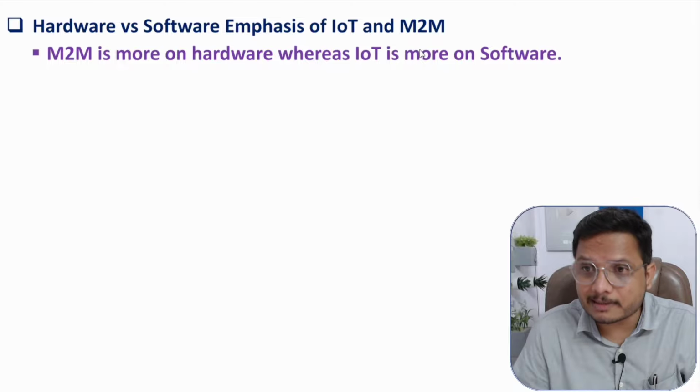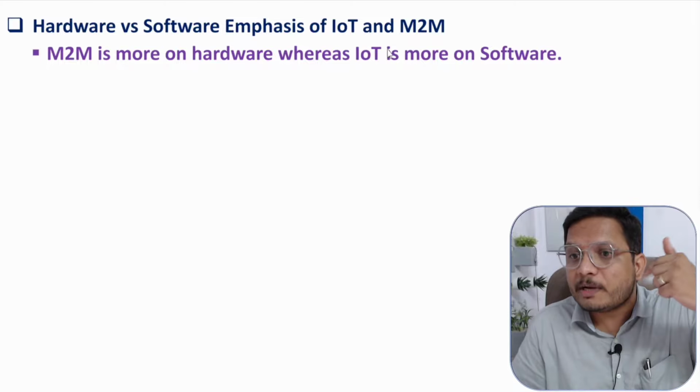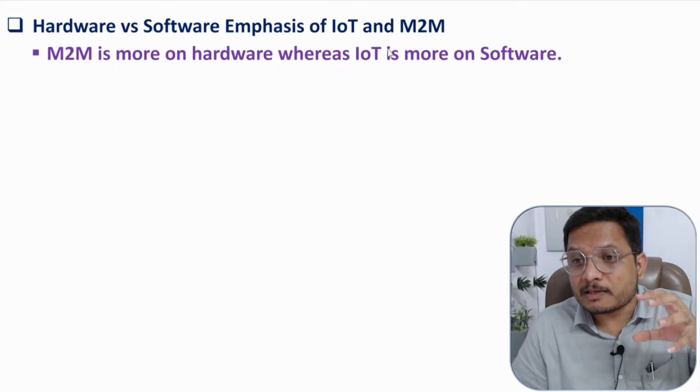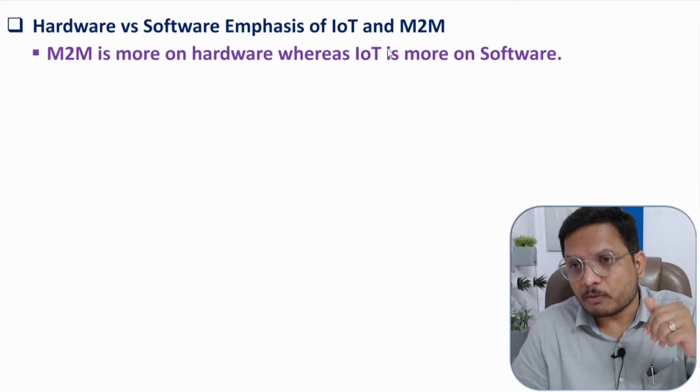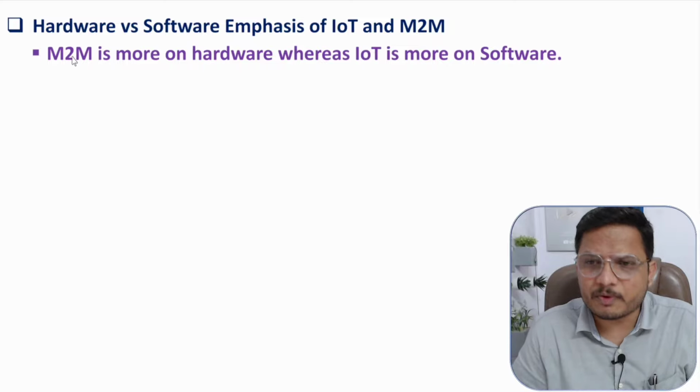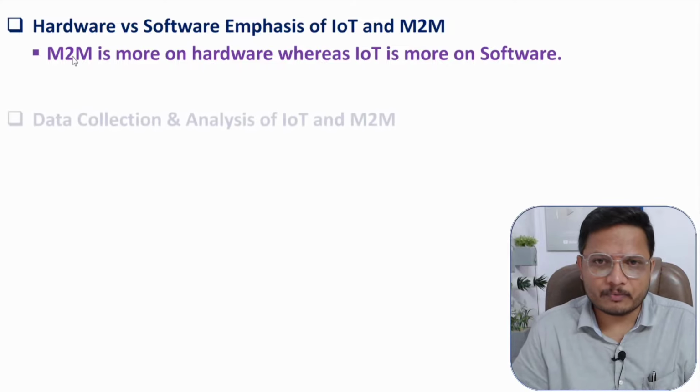In IoT, hardware is there, but for optimization of the application we use software. So more software is there in IoT configuration, while with M2M we are more inclined towards hardware.